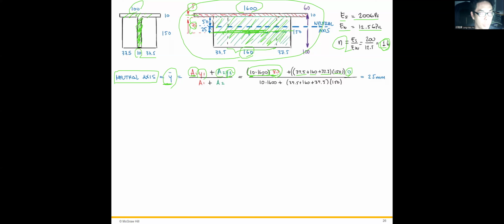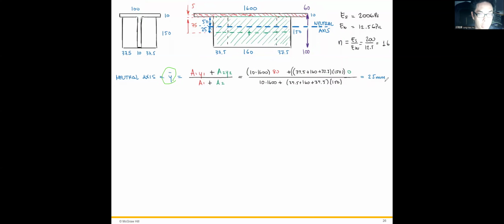Okay, and also just divided by the total area A1 plus A2, right? A1 plus A2. And then we find its neutral axis is 25 millimeter above the center of the bottom part. Okay, so the Y bar, the neutral axis equals 25. This here is the neutral axis, 25.